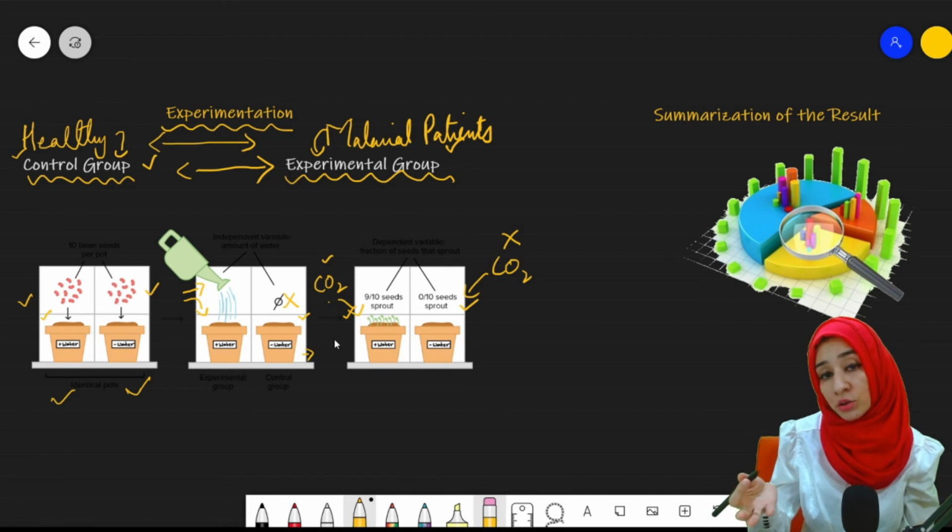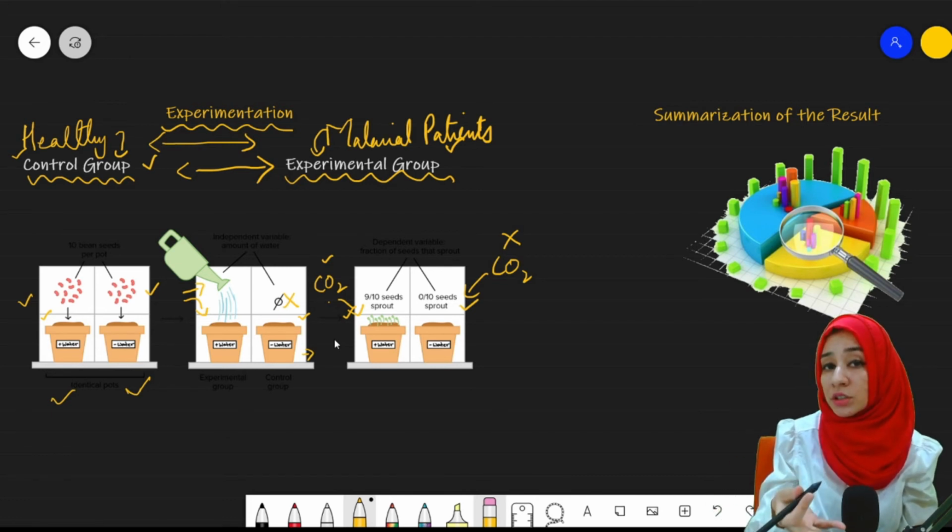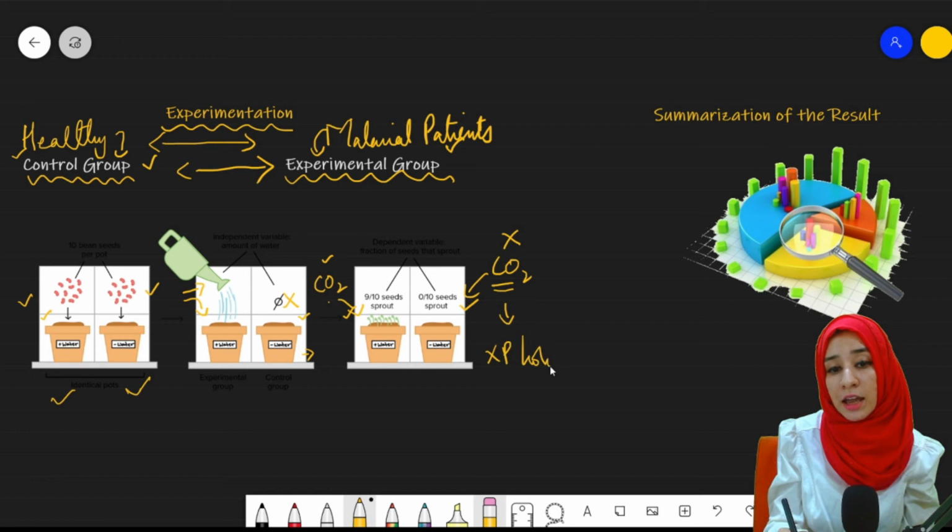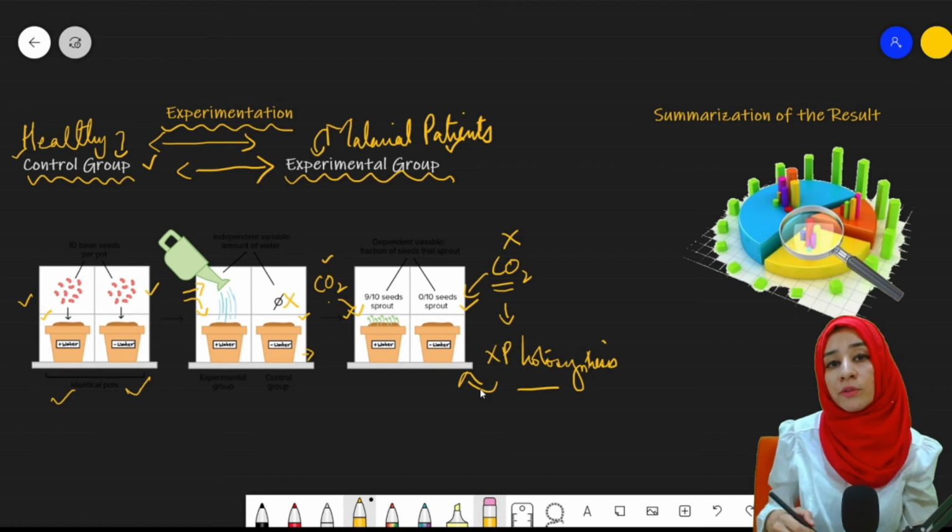The plant will grow. The plant will produce its food. Yes? Whereas the one which hasn't been given carbon dioxide, there will be no photosynthesis. And thus, when there is no photosynthesis, there will be no flourishing of the plant. The plant will ultimately die.